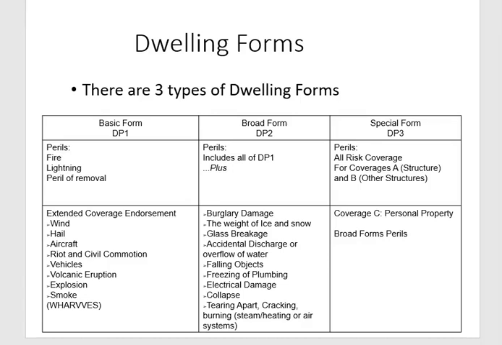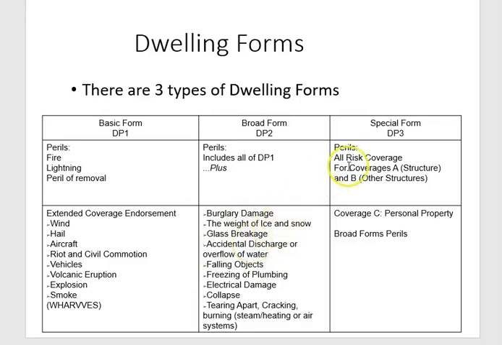So you will see that in a DP1, you have the perils of fire, lightning, removal. Plus you have other perils, extended coverage endorsement perils, which we're going to go over that next. DP2 includes all of what's covered in DP1 plus additional perils.